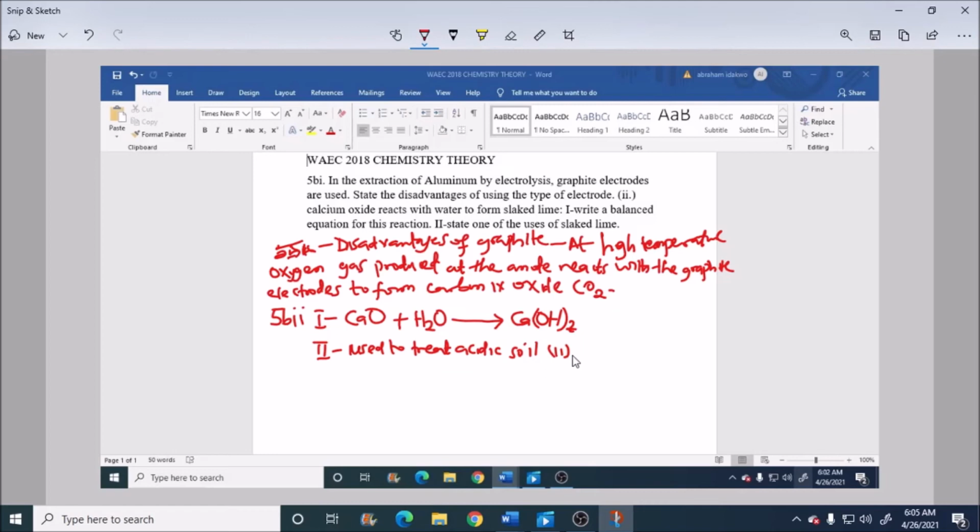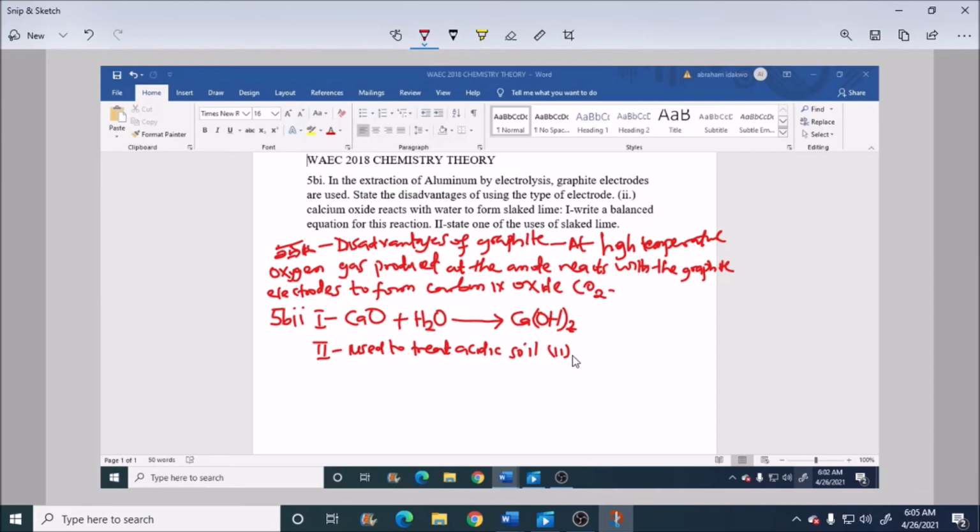Then number 3, it is used to make mortar, that is, calcium hydroxide is used to make mortar, or plasters, or cement.